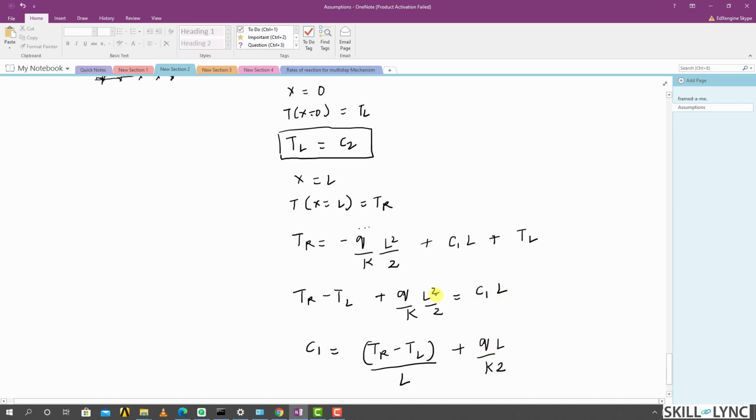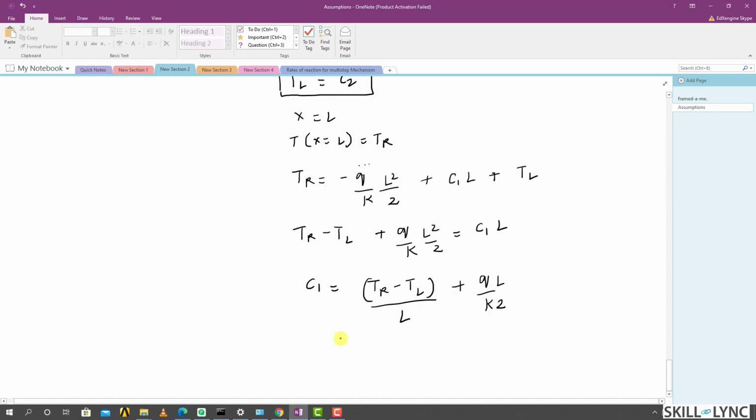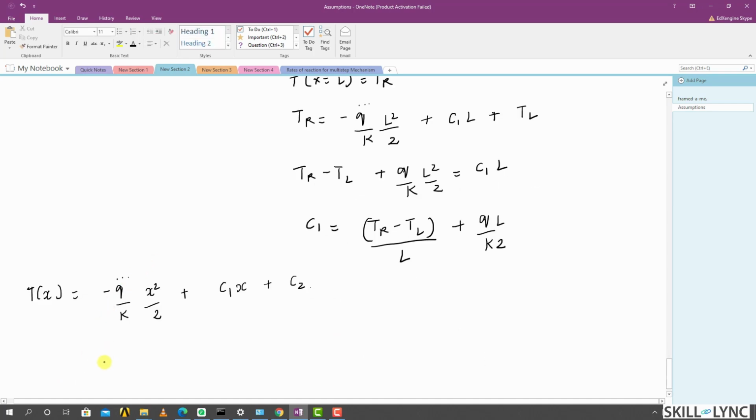Now there is L square here. When you divide it by L, that gets cancelled. So now that we have determined C1 and C2, let's figure out the final expression.